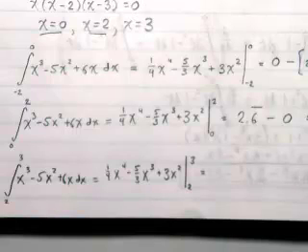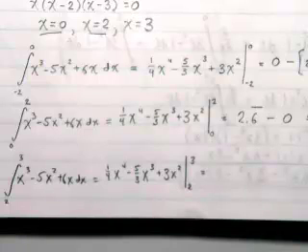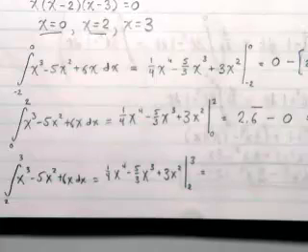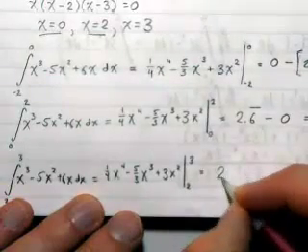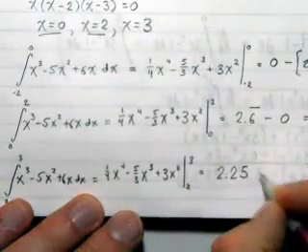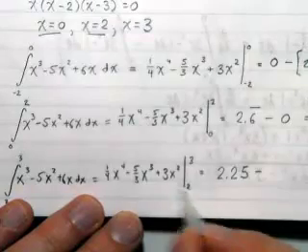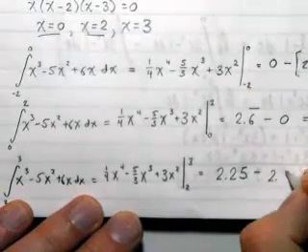So 1/4 times 3 to the 4th minus 5/3 times 3 to the 3rd plus 3 times 3 squared. So that's 2.25. But then I've got to subtract what we got for 2, which we found was 2.6 repeating.